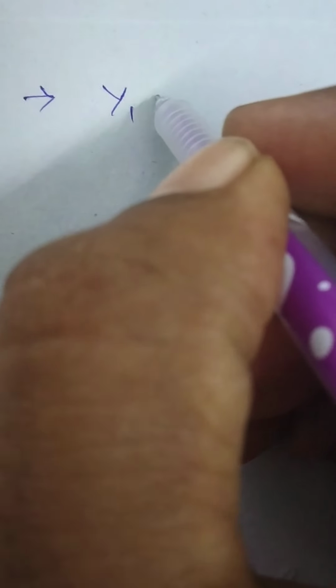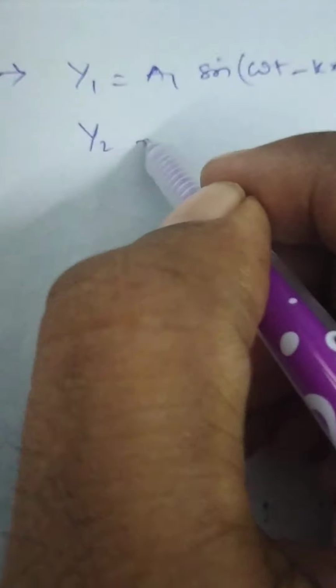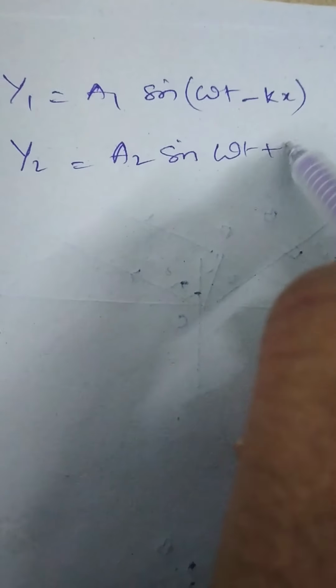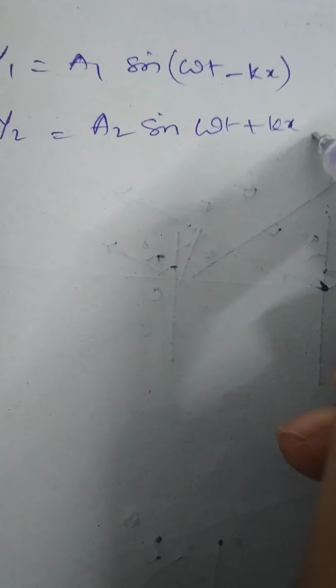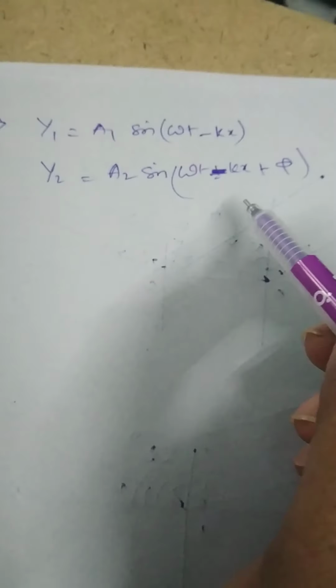According to the principle of superposition, let two waves be represented by y1 is equal to a1 sin(omega t minus kx), and y2 is equal to a2 sin(omega t minus kx plus phi), where phi is the phase difference between these two waves.